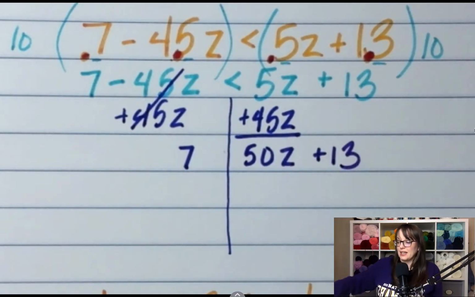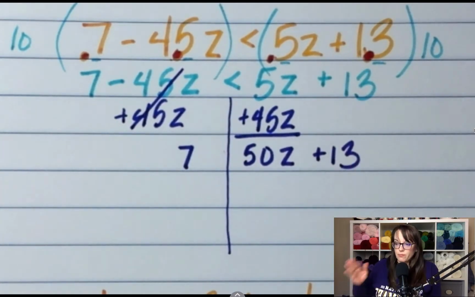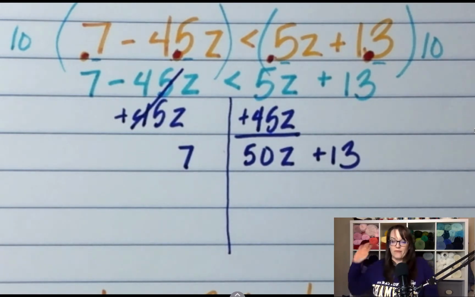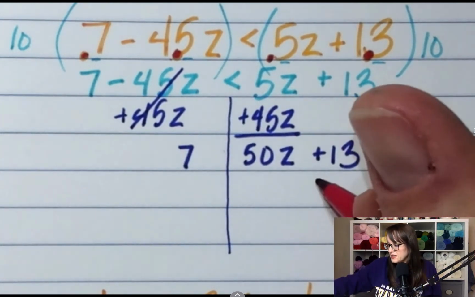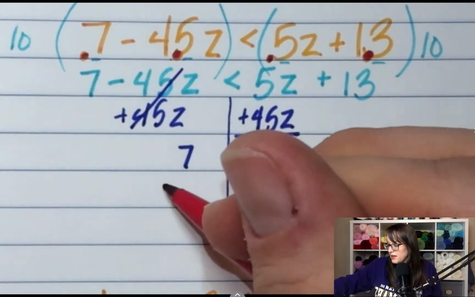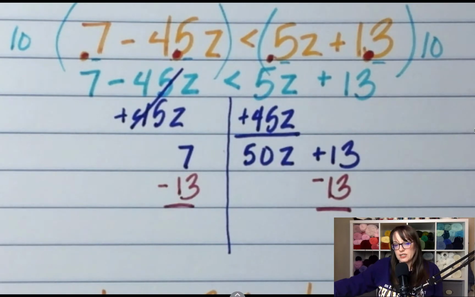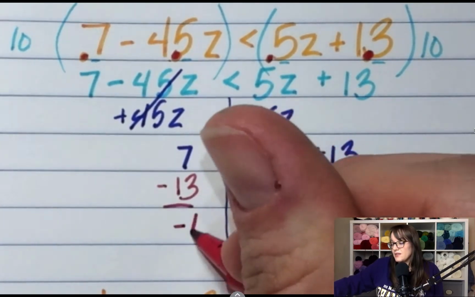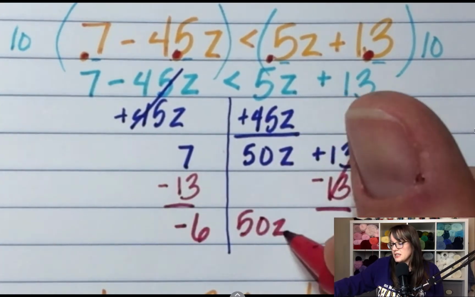And now I need to cancel either the 7 or the 13. One of these moves is going to leave my variables on one side and my numbers on the other, and that is subtracting 13. So I'm going to minus the 13 on both sides. What is 7 minus 13? Negative 6. And then canceled is 50 z's.